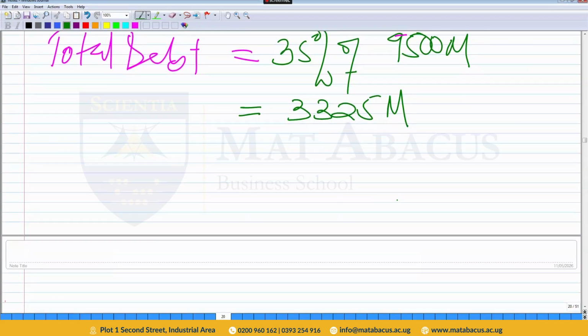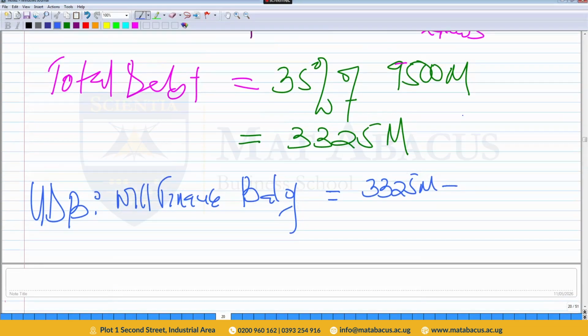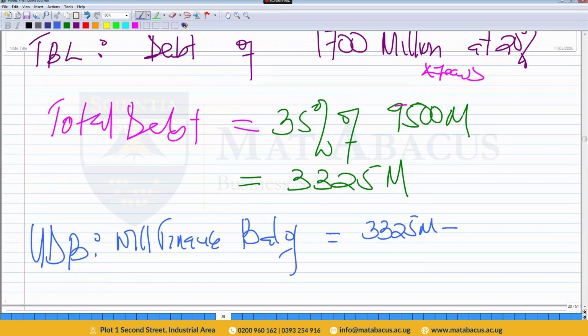That means UDBL will finance the balance. Will finance balance of what? 325 minus what TEFE gave you. TEFE gave us 1700.